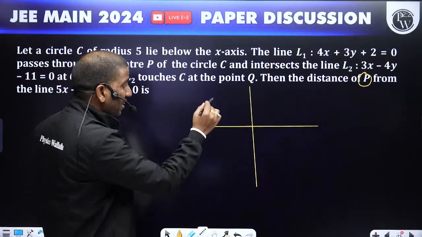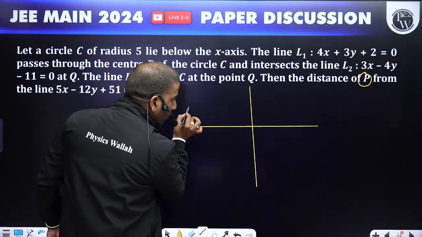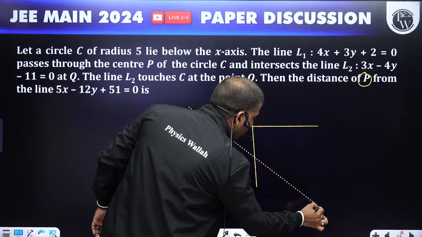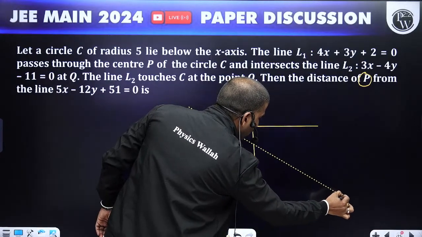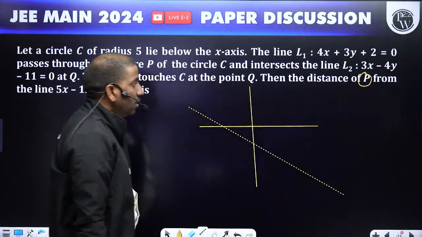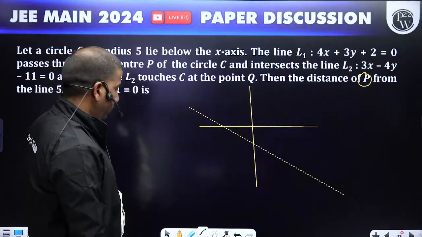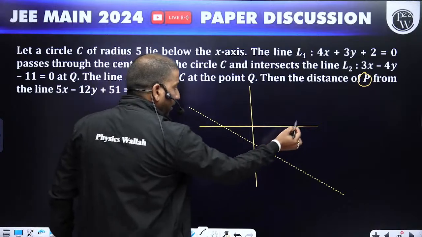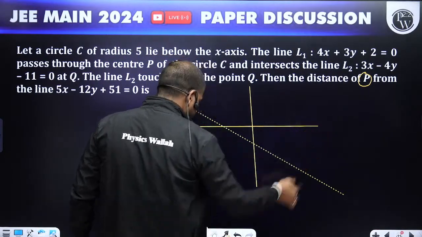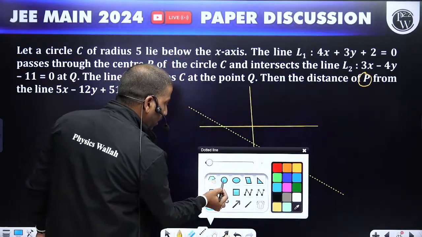That means it cuts both the negative axes. This will be like this. And one more line, 3x minus 4y is equal to 11. Then that line will be like this.